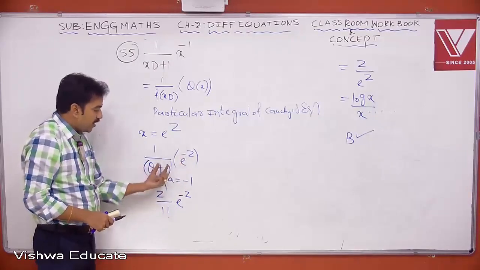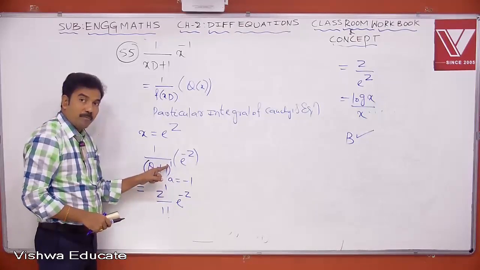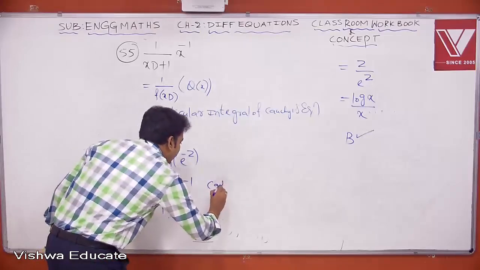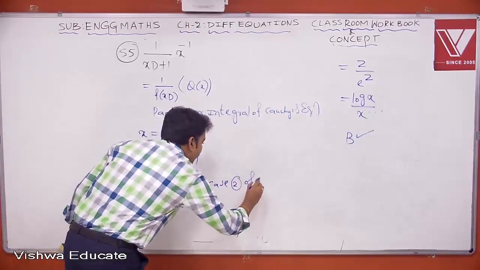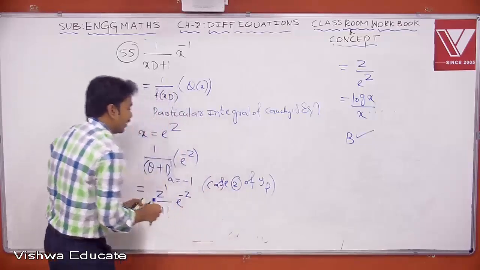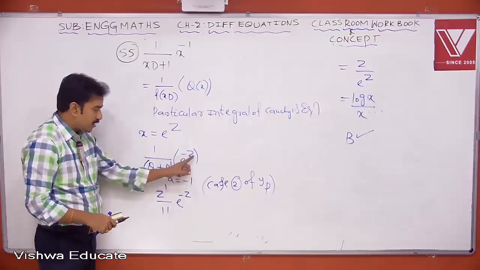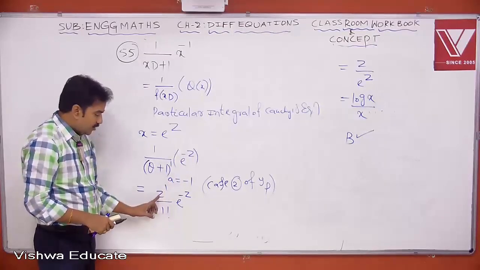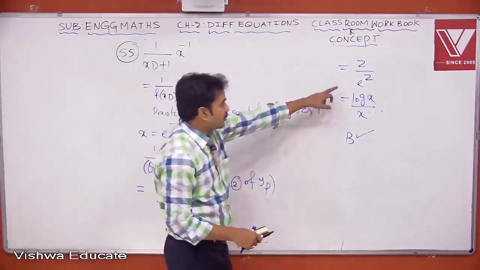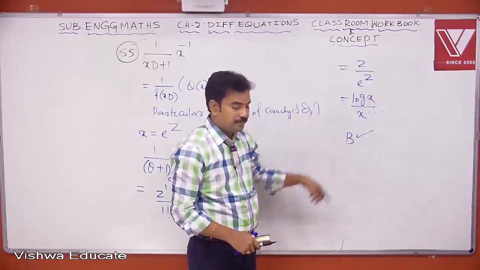That is, minus 1 is a root of this equation with multiplicity 1. Therefore I am going to apply case 2 of particular integral. Therefore this is nothing but z power 1 by 1 factorial, because it is a root repeated one time, into e power minus z. This is z by e power z. Hence it is log x by x. So option B is right.